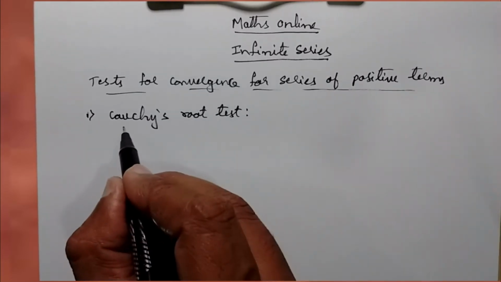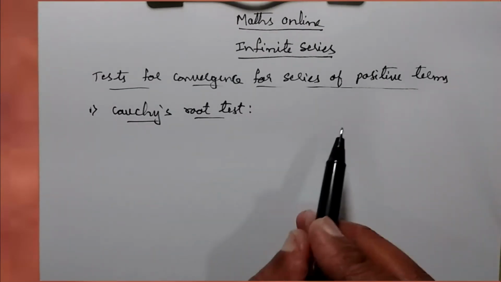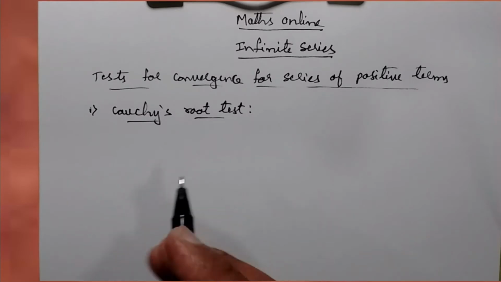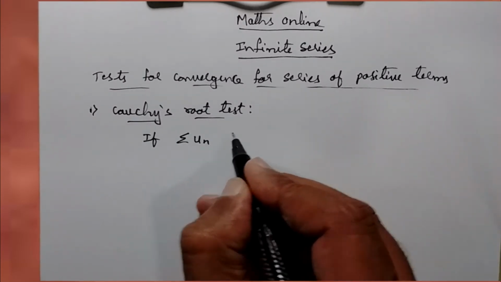So how can we apply this Cauchy's root test and check whether the given series is convergent or divergent? Suppose I consider a series, summation of un.